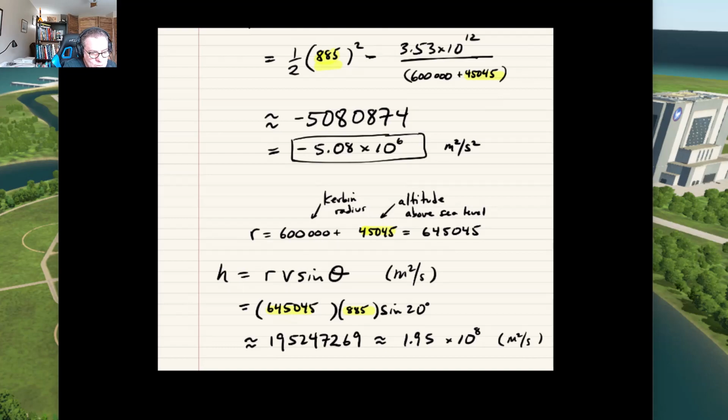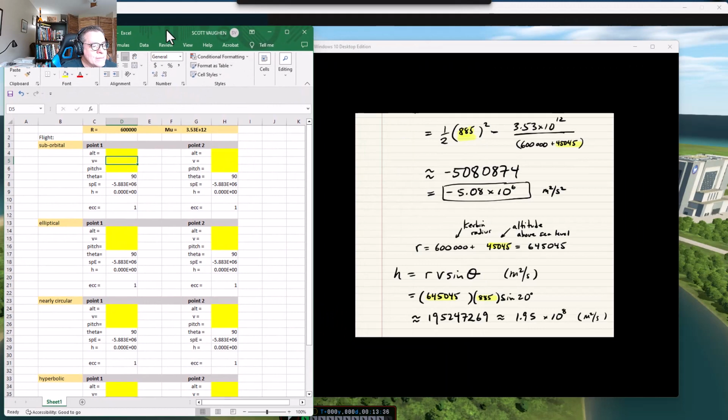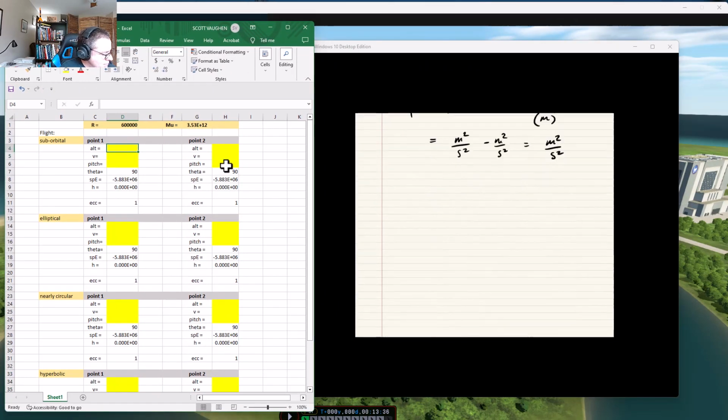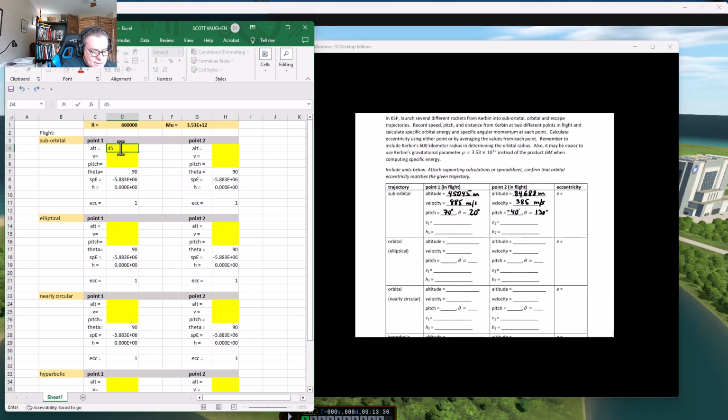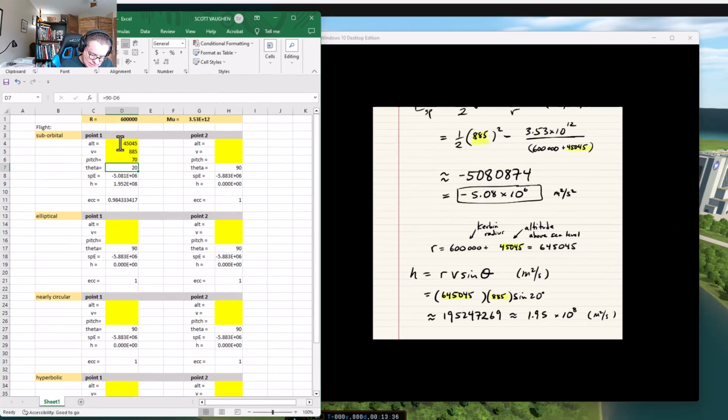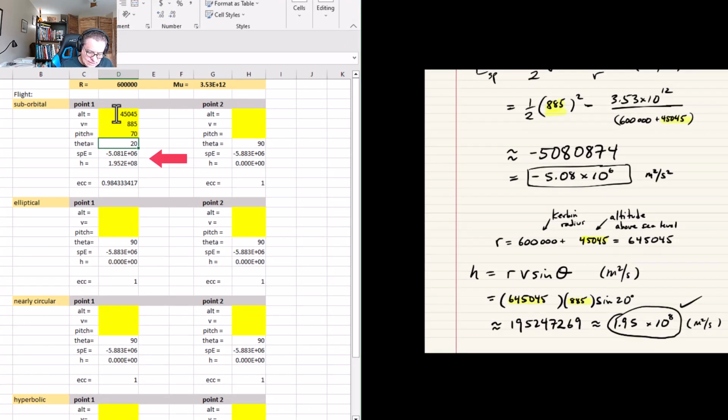And then at this point, we'll just put those formulas into Excel, and we can do them quickly here. So once again, just checking those numbers. 45,045 meters in altitude, velocity 885 meters per second, pitch of 70 degrees, and yeah, so now we can fill in those numbers, confirming that they are the same thing that I got doing this calculation by hand.